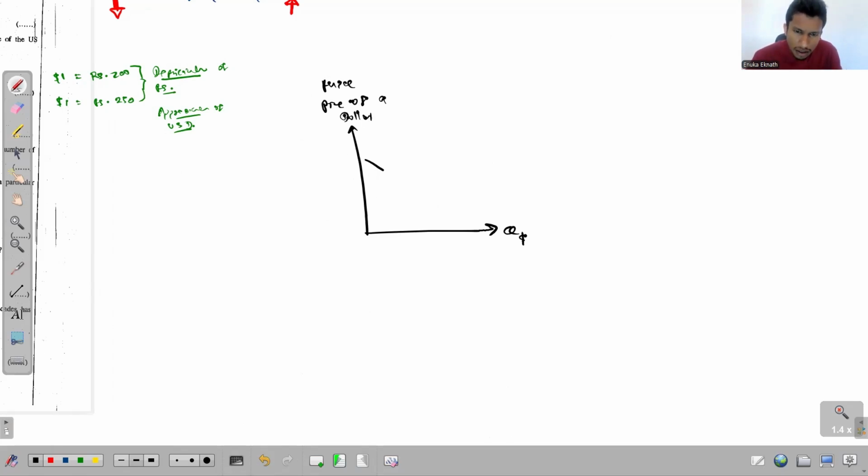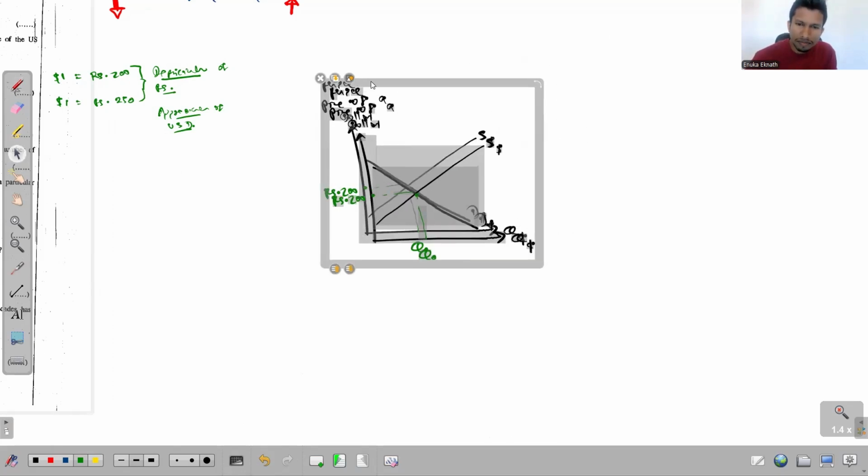Now we get the demand curve for dollars, and this is the supply curve for dollars. So imagine that we have a certain quantity of dollars here, and the initial price, as I mentioned earlier, is 200. Right? So let me copy this table.